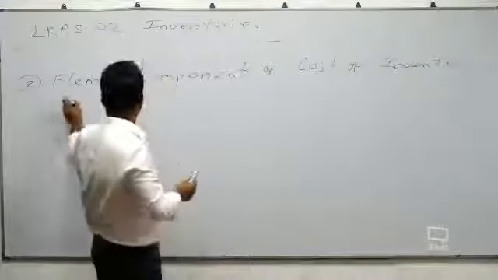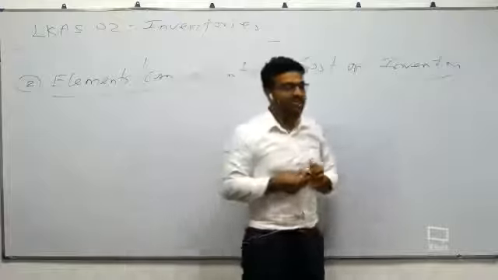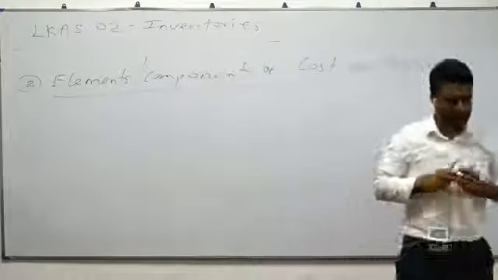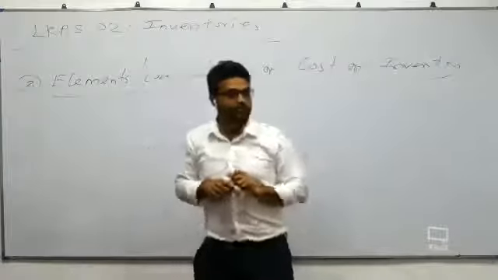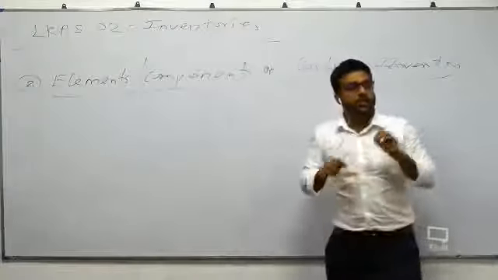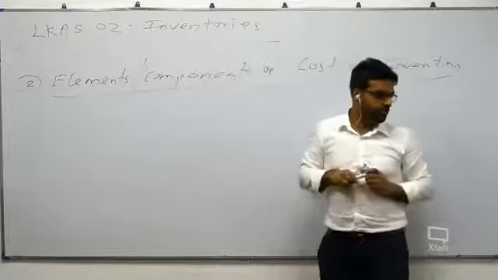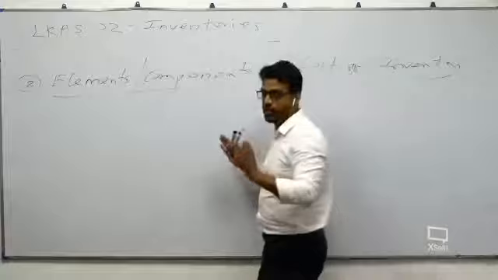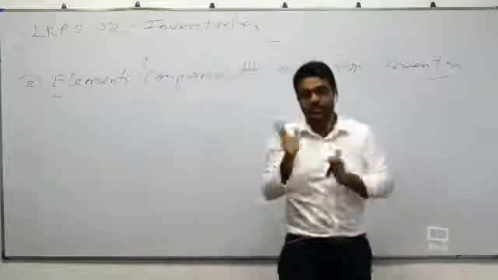So guys, any one of you tell me how many components are there in the cost of inventory? When you look at the cost of inventory, there are 3 components, right? Remember all 3. When you add all of them, you call it cost of inventory. Again, that depends on the business.